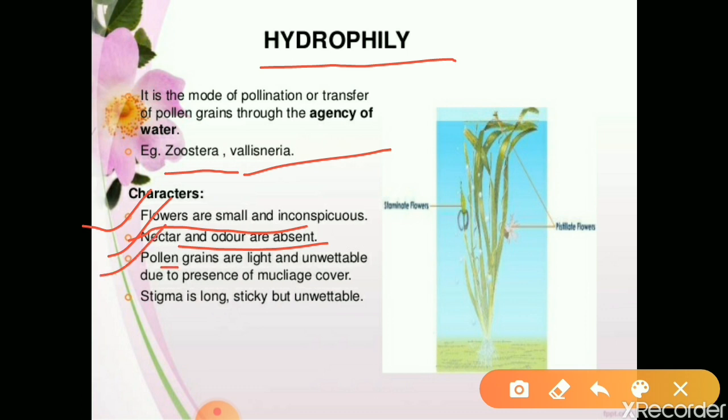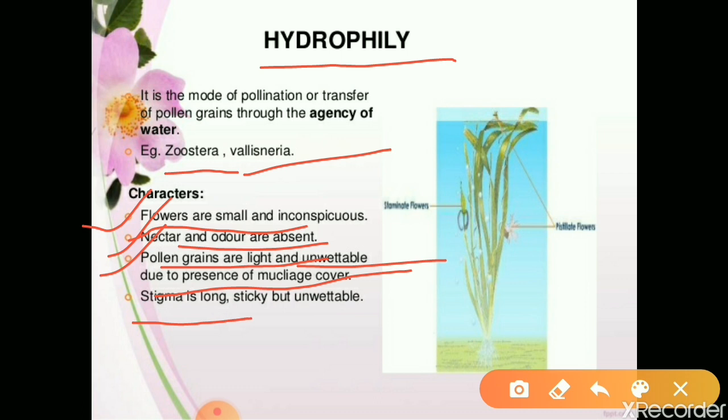Pollen grains are light in weight and unwettable due to the presence of mucilage cover. Actually, pollen grains are light in weight, so they can easily float on the surface of water, as well as unwettable. They will not absorb water, because a mucilaginous covering is there on the pollen grains, so water will not enter inside the pollen grains.